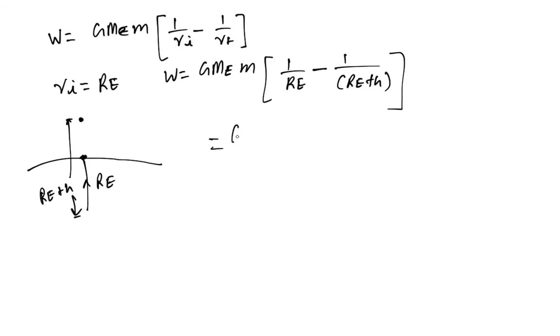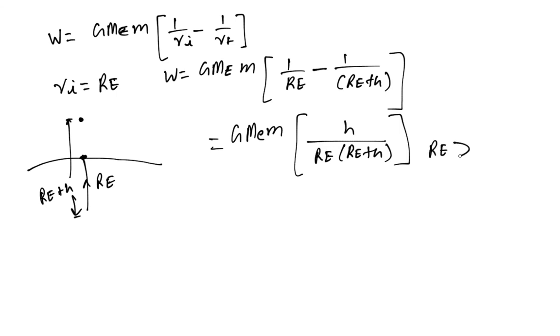Okay, and you can write this as GMe m, and in the bracket you can add the two fractions to get something like this, right? Okay, and also you know that because Re is much bigger than H, you can write this denominator as Re squared.